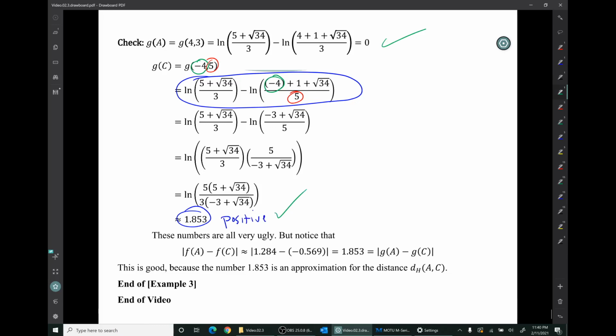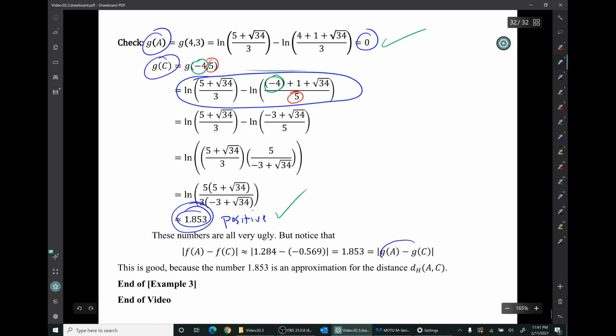But we can actually check this in another way. These numbers are so ugly, it would be nice to have some assurance that we did the right thing. Well, one thing that's cool is, remember the relationship between rulers and the distance. I have a value for G of A. G of A is 0. And I have a value for G of C. G of C is this number.